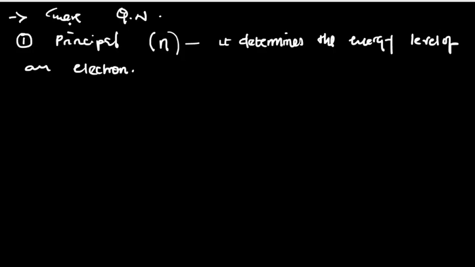Now when you talk of energy level, it will start from an n value of 1. You can't have 0 energy level, it means the atom doesn't exist. So you should take note that the n values start from 1, 2, 3, 4, all the way to infinity.